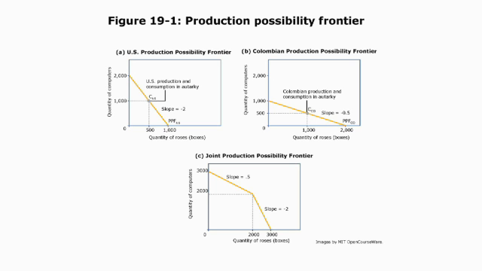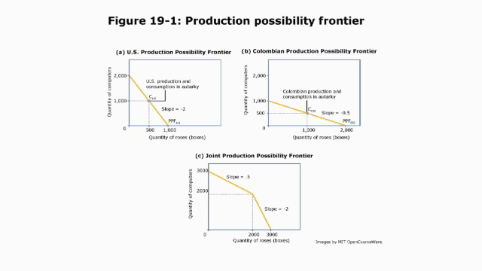That is, you have to give up 2 computers to get 1 box of roses. In Colombia, it's -0.5. You have to give up half a computer to get a box of roses. So since the marginal rate of substitution is so much higher in the US, we say that Colombia has a comparative advantage in producing roses.